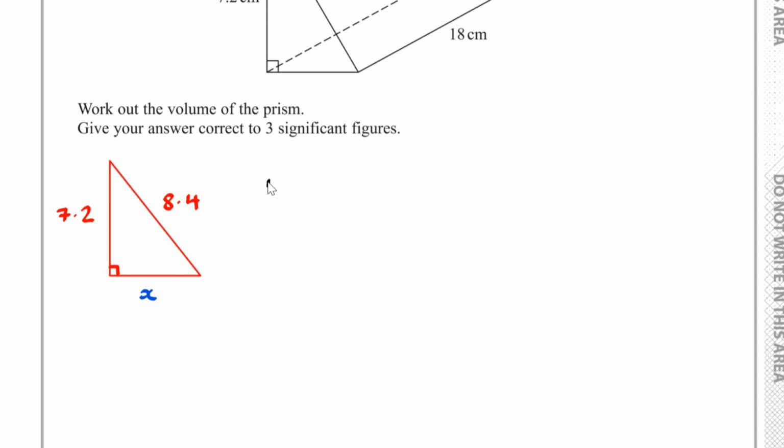And if we were to use Pythagoras, then we have x squared plus 7.2 squared equals 8.4 squared.